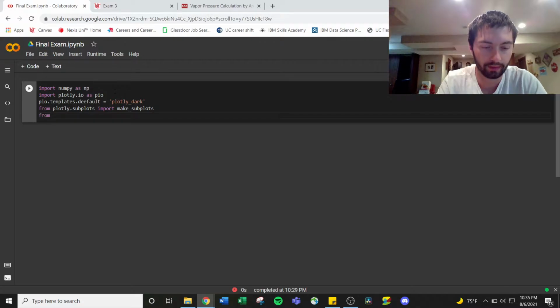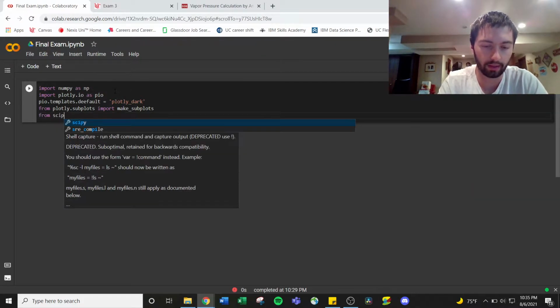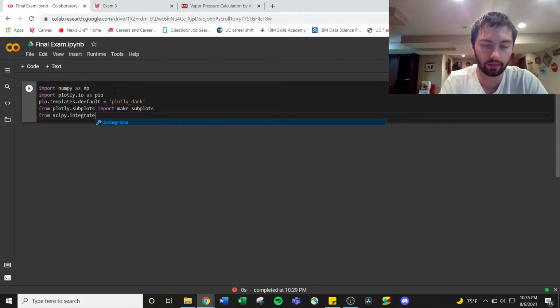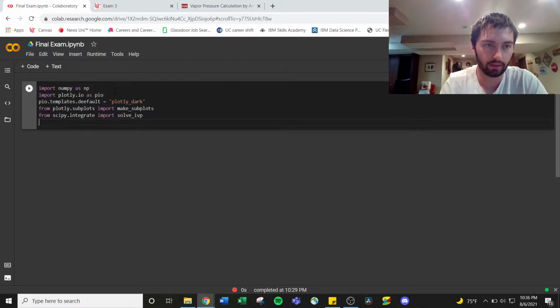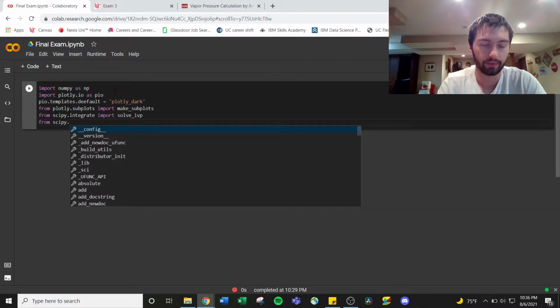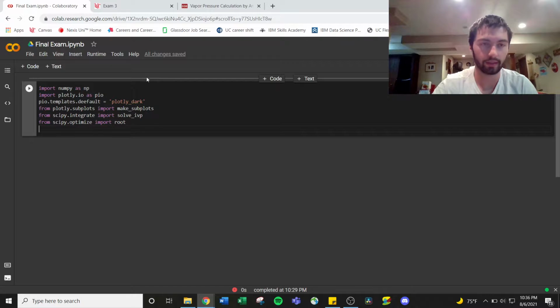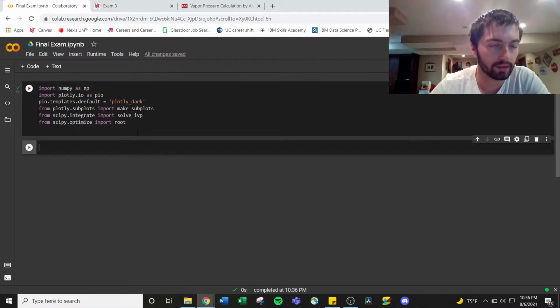So from SciPy.integrate import solve IVP. And then from SciPy.optimize import root. Alright, so this is all the libraries we're going to need. Let's see if it looks good.